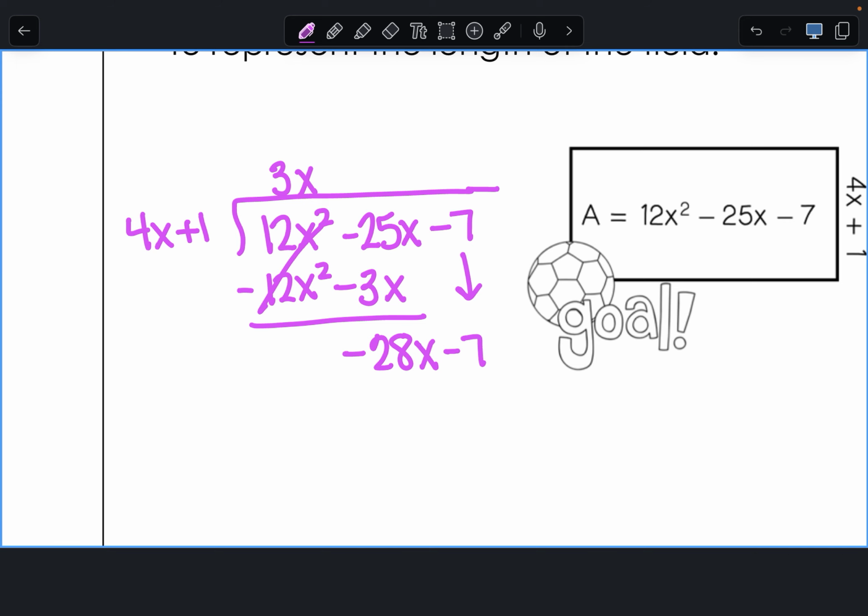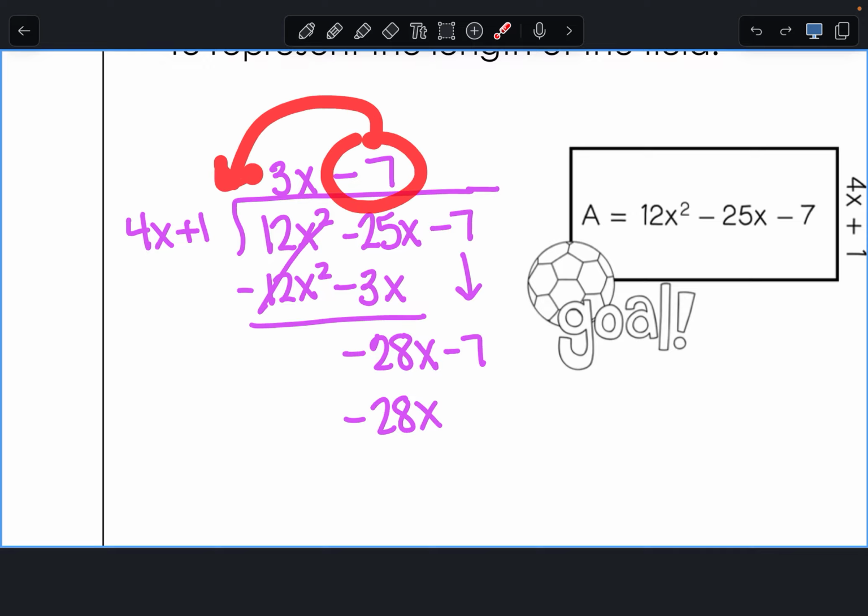All right, now 4x times what gives you negative 28x? Negative 7. 4x times negative 7, negative 28x. Negative 7 times 1, negative 7.